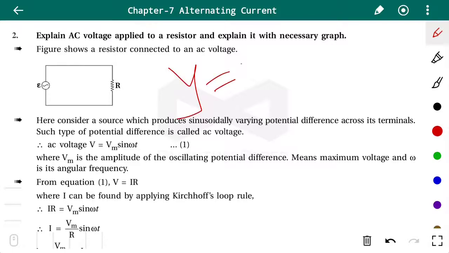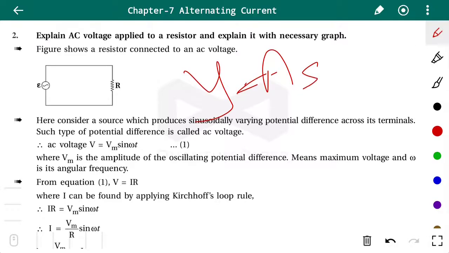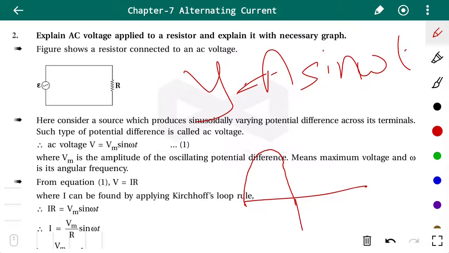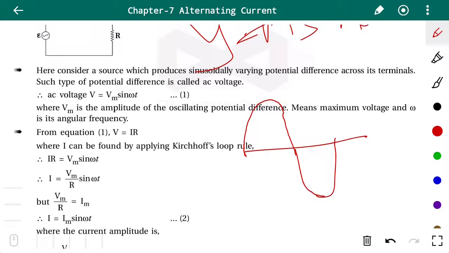It was y equals A sin omega t, because we had seen that when the oscillator oscillates from the mean position, it increases, attains the maximum displacement, decreases, comes to the mean position, and again goes in the opposite direction, attaining maximum displacement and again going to the mean position.